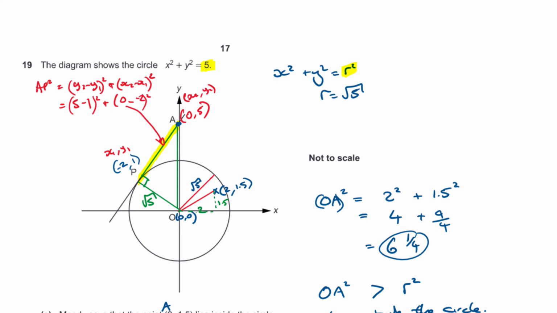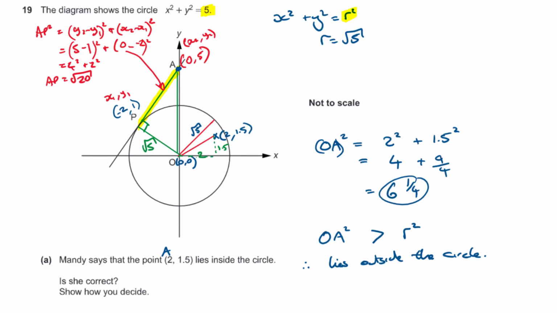Okay, so that's going to give me 4 squared plus 2 squared, so 16 plus 4, that's 20, so that's root 20. So AP is root 20. Okay, so we now know that length of AP is root 20. So we know both sides. We've got root 20 and root 5. So we should then be able to work out the area of the triangle.